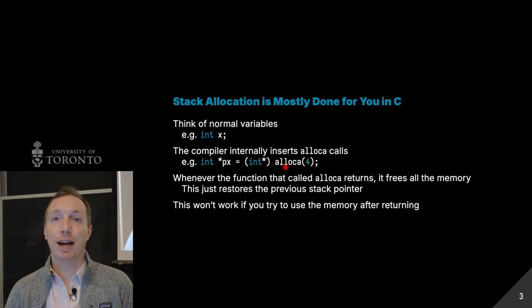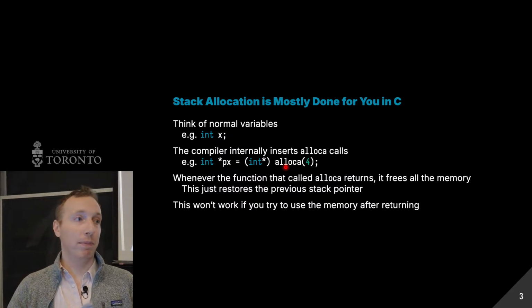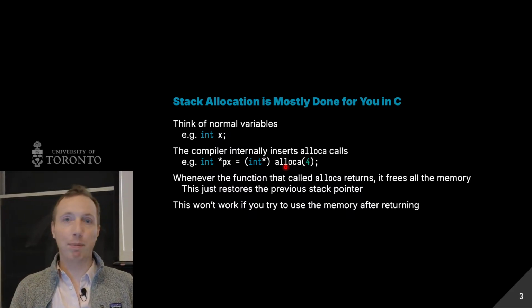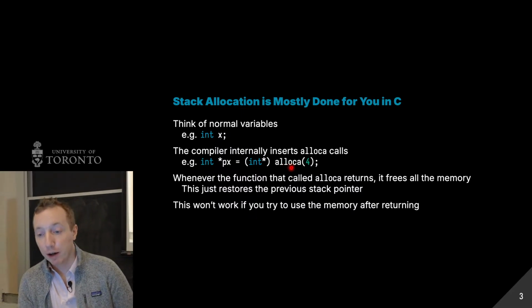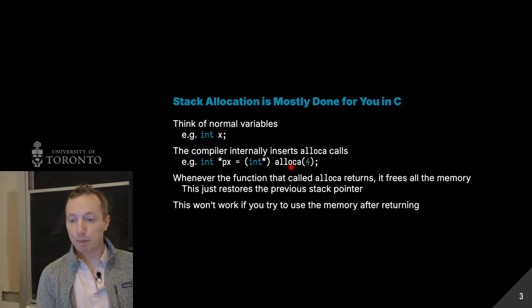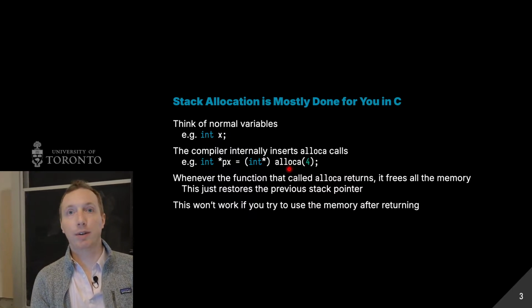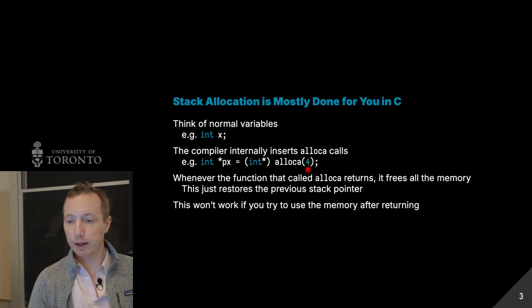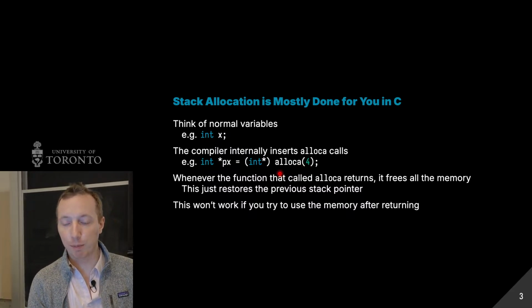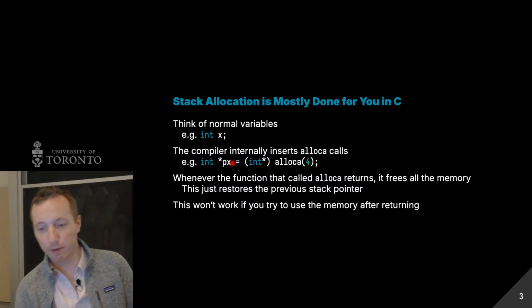So that is asking for memory from the stack. So that will adjust the stack pointer for you and return an address to that base memory. So if you have int x in your program, the C compiler is actually going to insert a call to alloca, the size of whatever the data type is. In this case, it's an int, so it's 4 bytes. And then that's where it will live in memory.